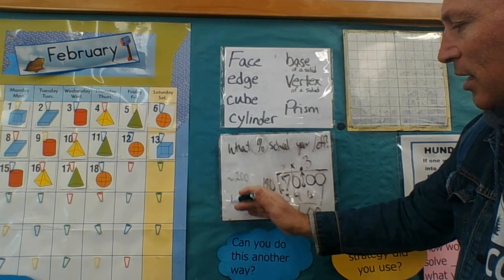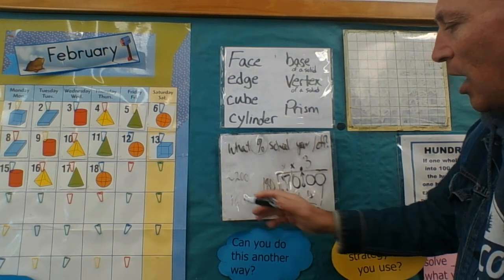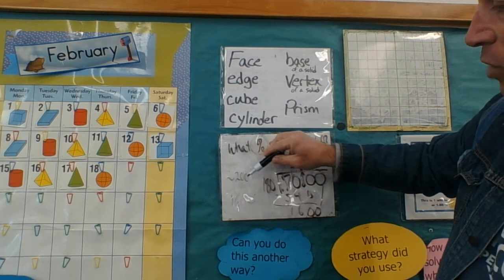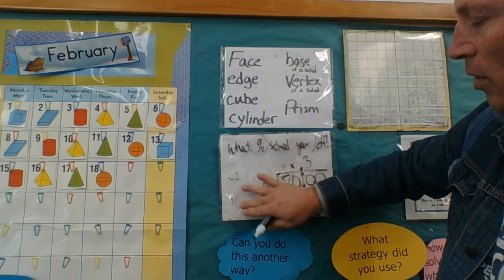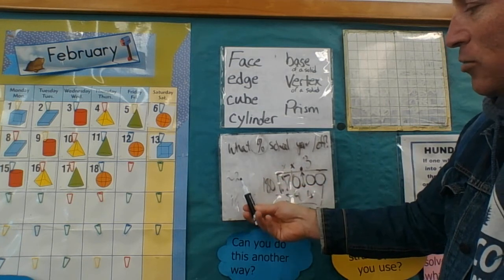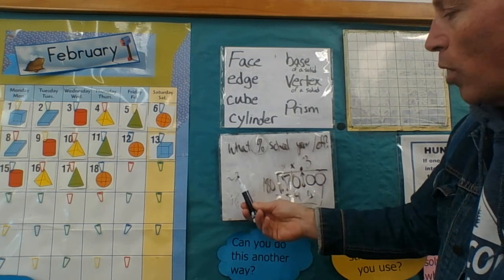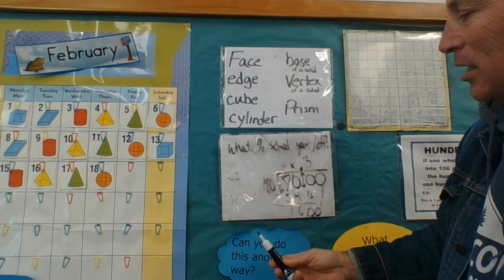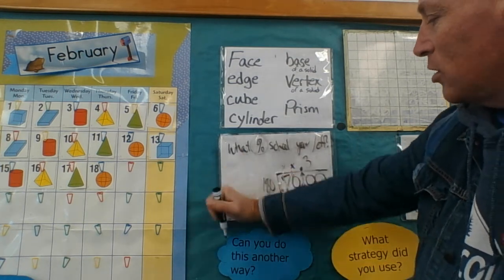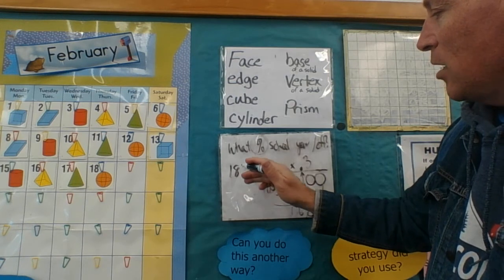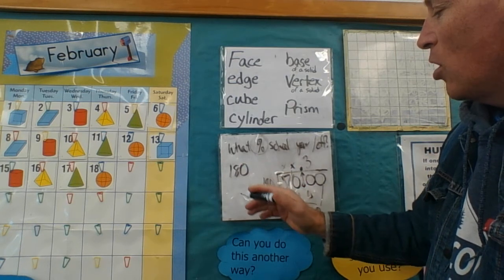So I'm going to look at my 1,600. And now I know I can cancel out the hundreds here and the hundreds here. And now I can just ask myself, how many times does 2 go into 6? Or what times 2 gives me 16? And that would be 8.